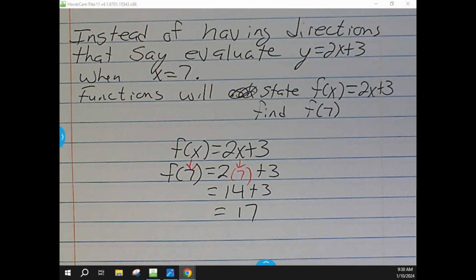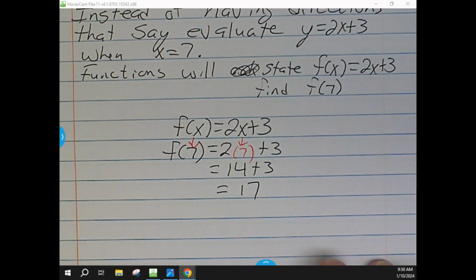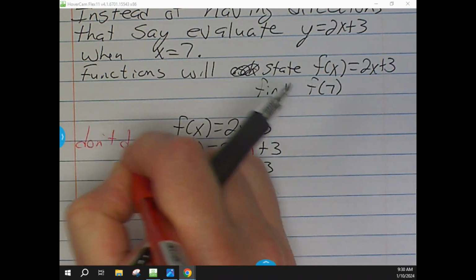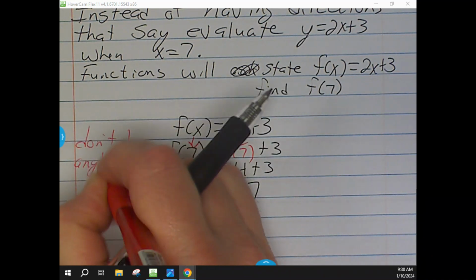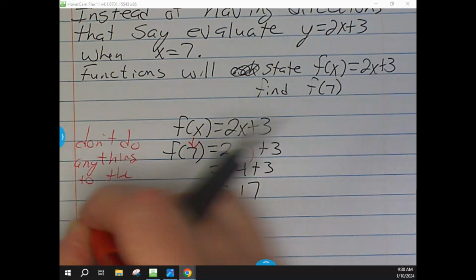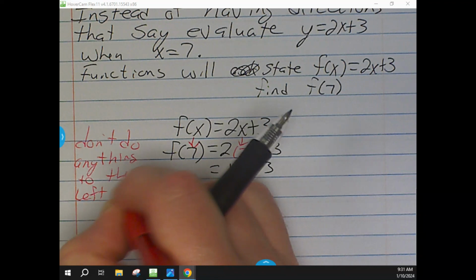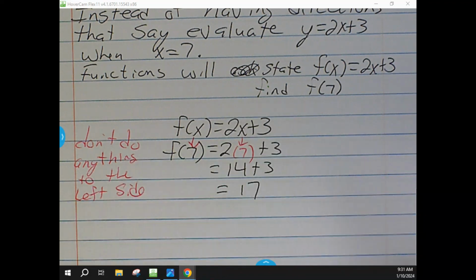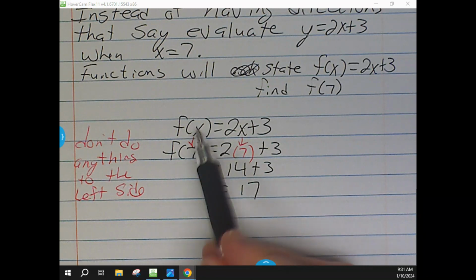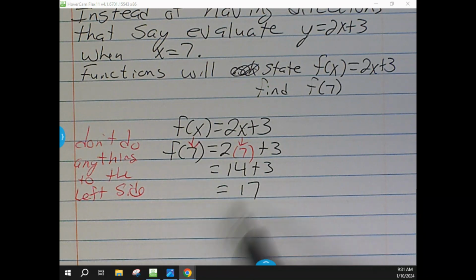Okay, I know right now somebody's thinking, well, what about the left-hand side? You don't do anything to the left side. Because again, this is basically your y equals. So this is saying, for this equation, when you plug in 7, you get the answer of 17.